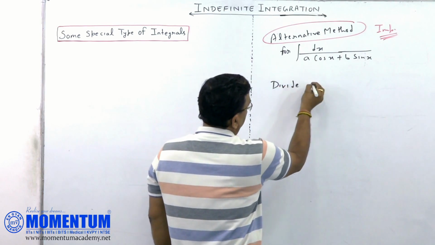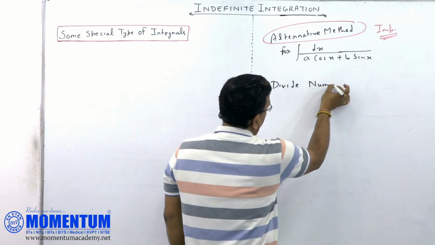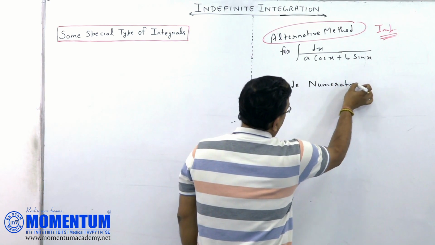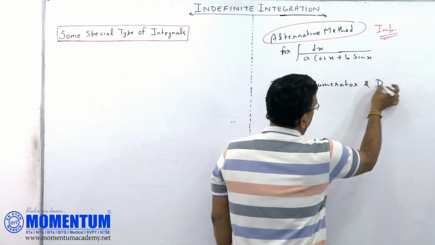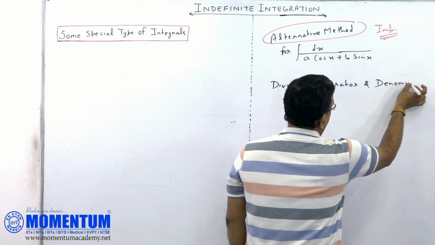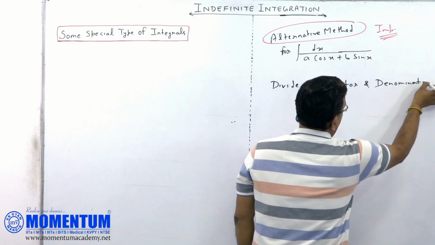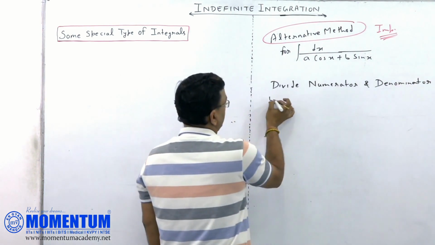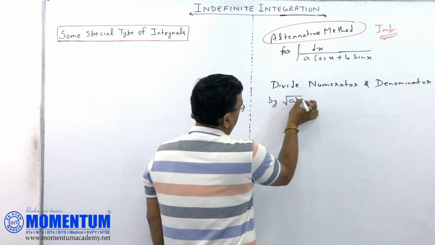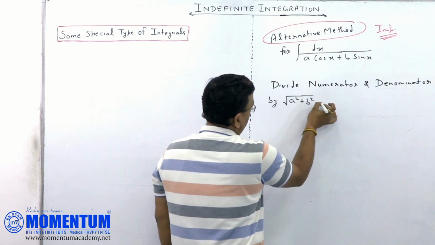Divide numerator and denominator by root over a square plus b square.